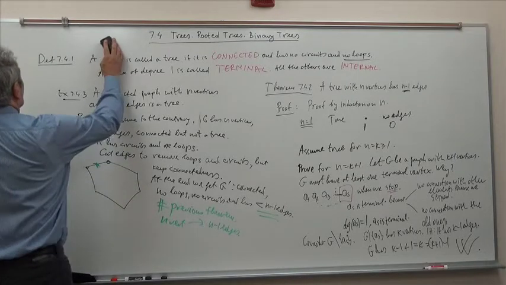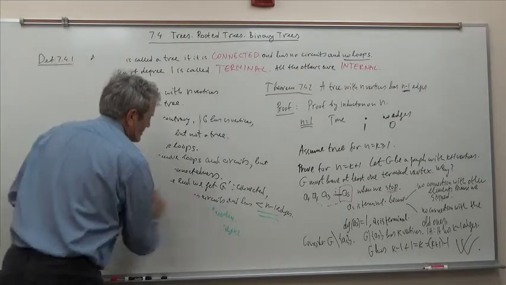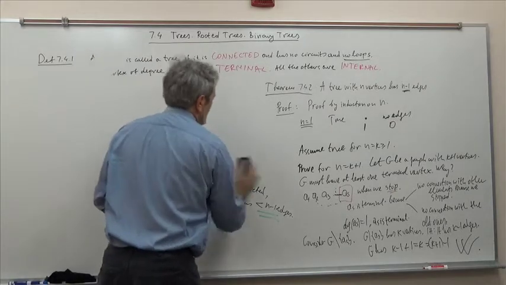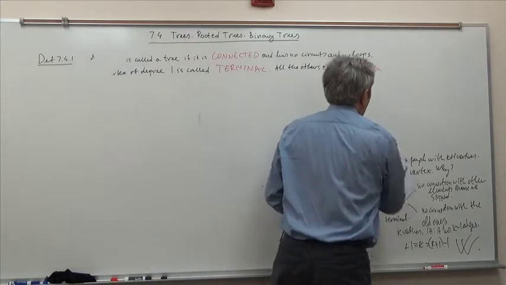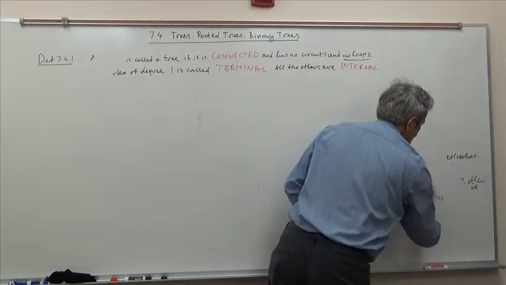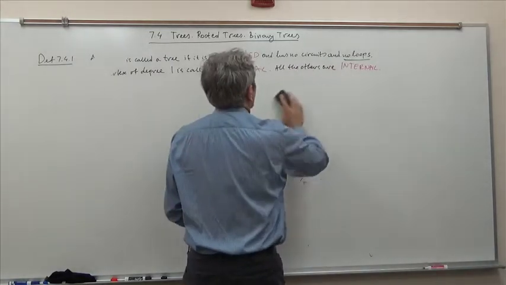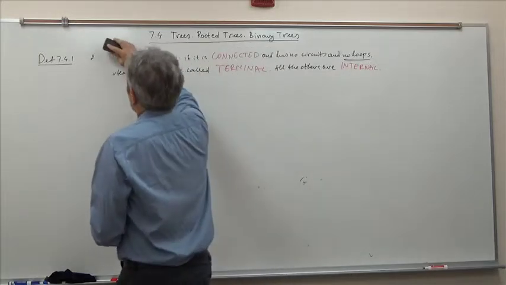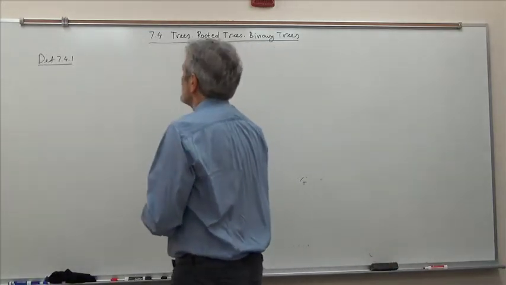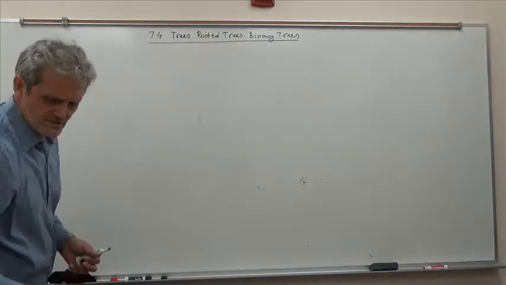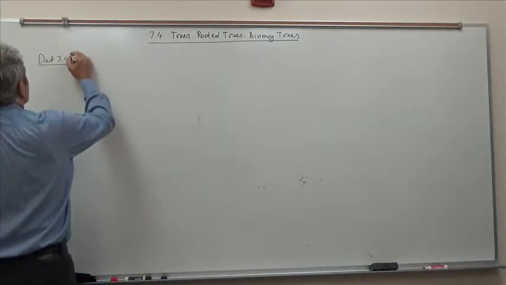All right, now what's special about rooted trees? Rooted trees have one vertex that's just designated to be the root of a tree. So definition 7.42.